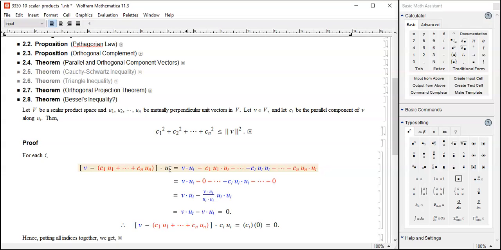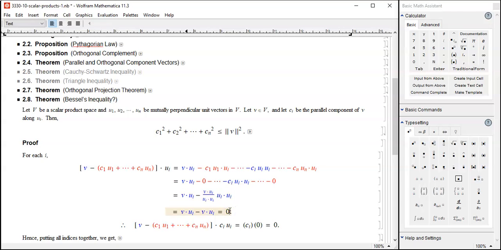Break up all the parentheses and you get v dot ui, and then u1 dot ui, u2 dot ui, u3 dot ui, all the way over to un dot ui. All those are 0 because they are mutually perpendicular, except, of course, ui dot ui. That's the only thing that survives. And then, please recall, ci is v dot ui over ui dot ui. Consequently, this denominator, ui dot ui, and the ui dot ui cancel each other out.